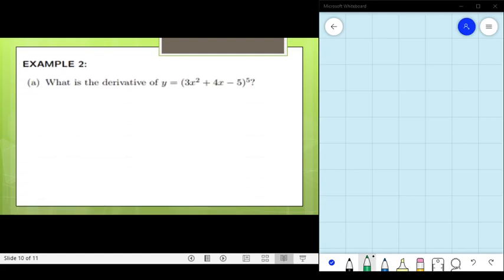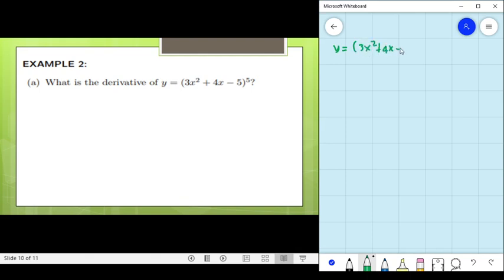Example number 2. What is the derivative of y, wherein y is equal to quantity 3x squared plus 4x minus 5 to the 5th power? So to get the derivative of y, it would be 5 times 1.